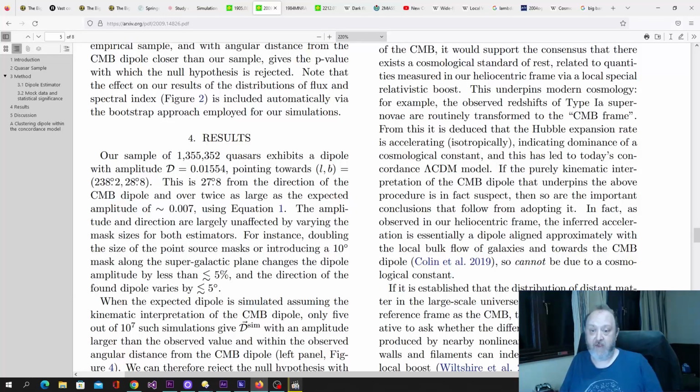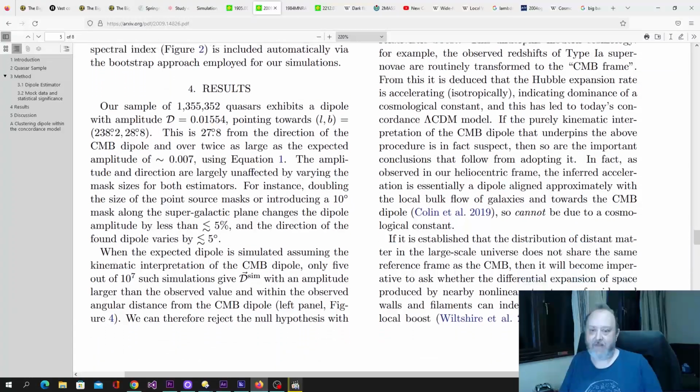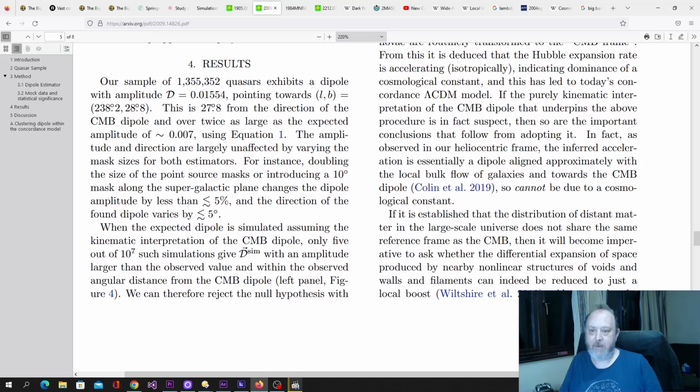From this, it is deduced that the Hubble expansion rate is accelerating isotropically, indicating dominance of a cosmological constant. I've got a few things to say about that, but I'll leave them for another time. And this has led to today's concordance lambda CDM model. If the purely kinematic interpretation of the CMB dipole that underpins the above procedure is in fact suspect, then so are the important conclusions that follow from adopting it.